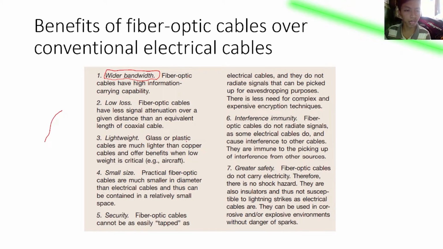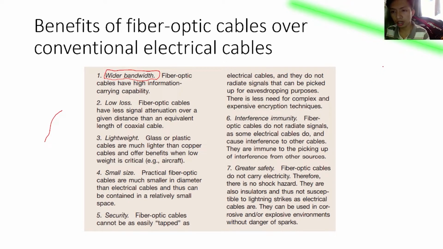Lightweight. Glass or plastic cables are much lighter than copper. So these are beneficial if you are dealing with the fiber optic cable. The reason why it is lightweight is the construction of the material.